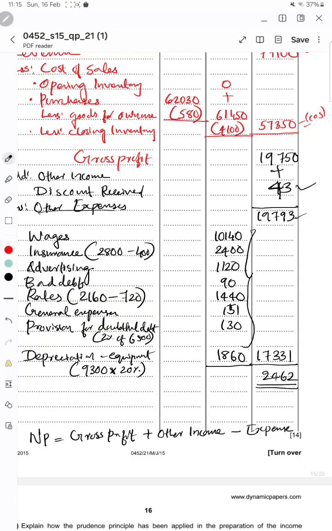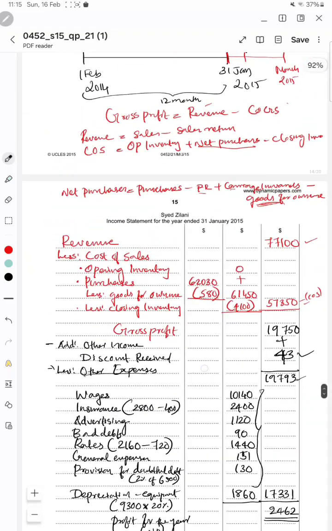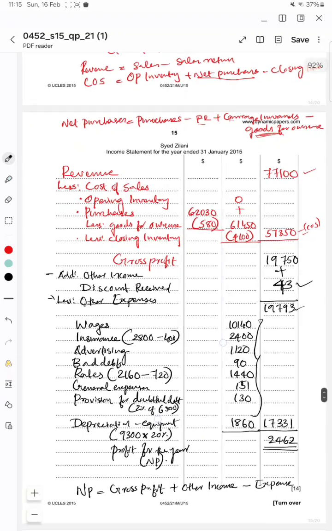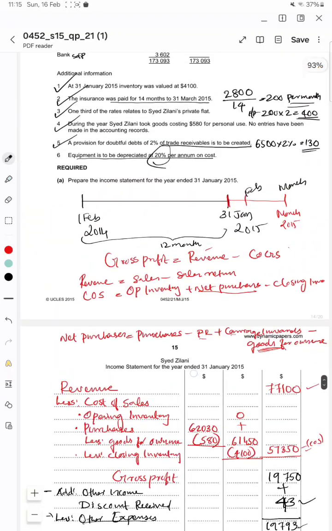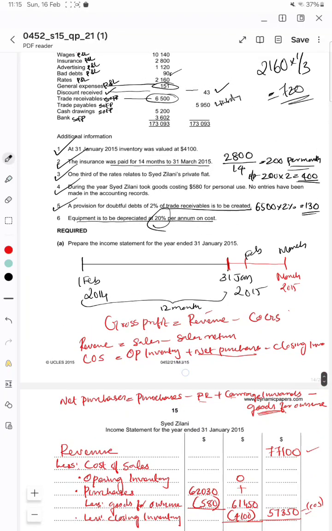Okay, so this is called profit for the year. It's also known as net profit. So this is the total calculation for the income statement to find out the net profit, gross profit, everything. So take the equations, understand the financial year.